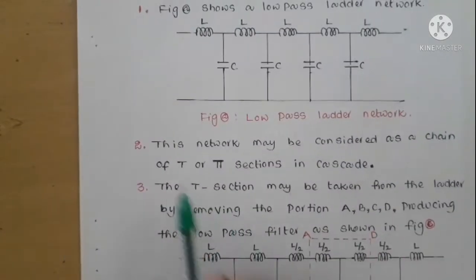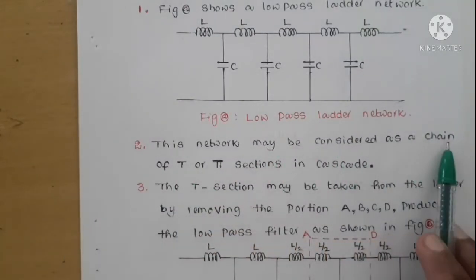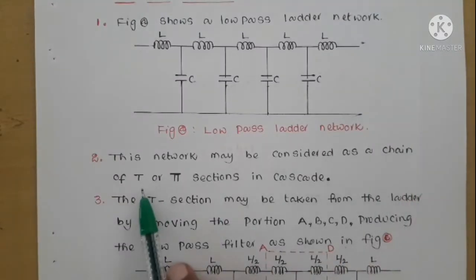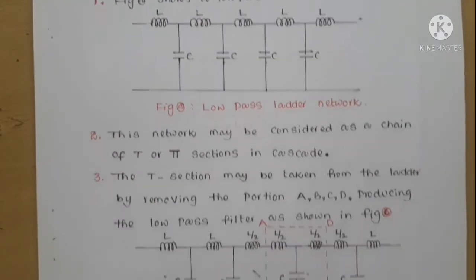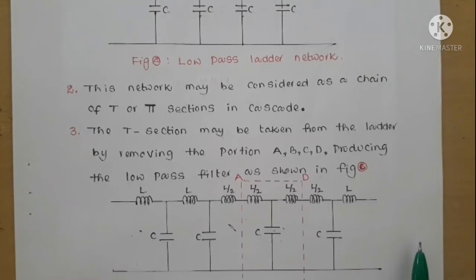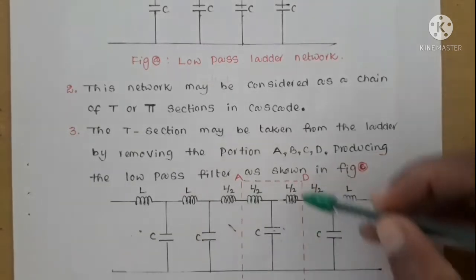Here this network may be considered as a chain of T or pi sections in cascade. Here we are taking the chain of T sections connected in series. Similarly, the remaining inductors, capacitors and the remaining part of the low pass ladder network we can represent in this fashion.